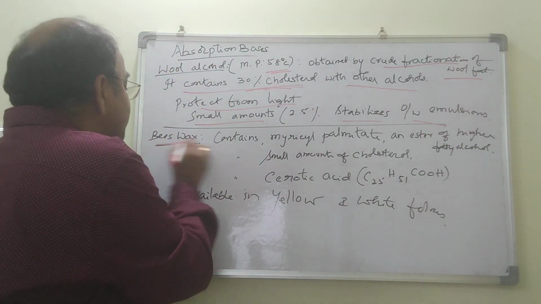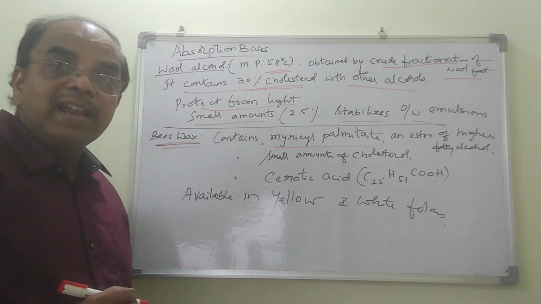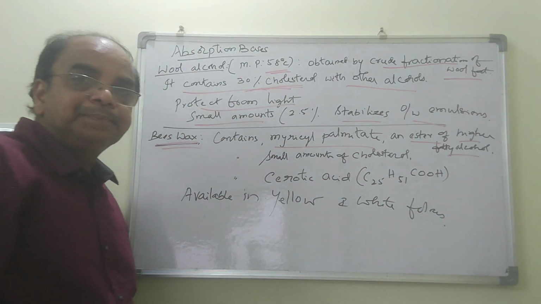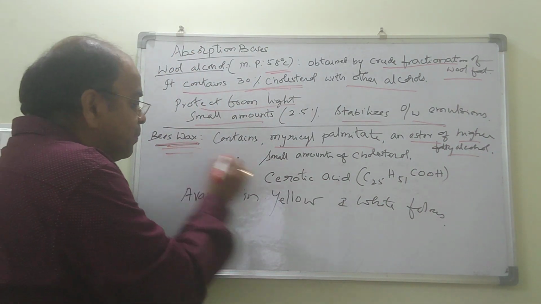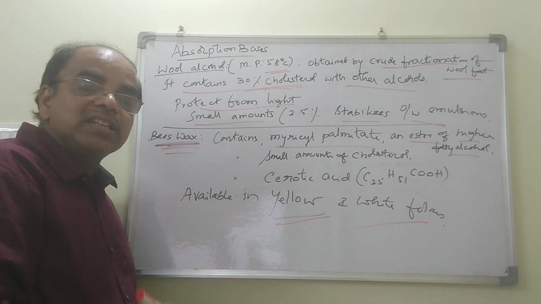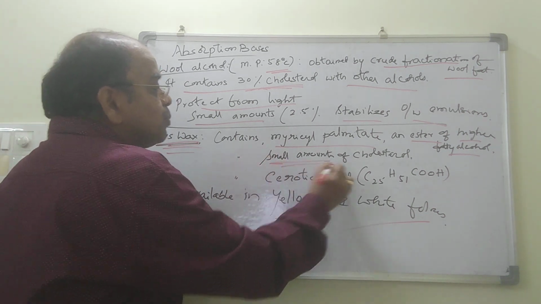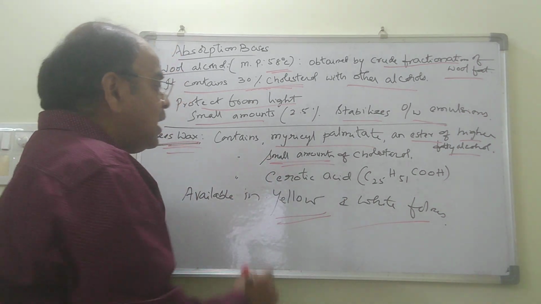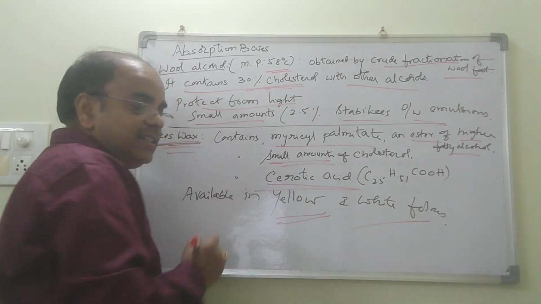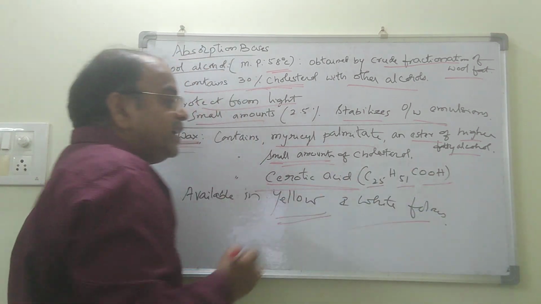Okay. Next one is beeswax. It contains myricyl palmitate, an ester of a higher fatty alcohol. Beeswax is available in both yellow and white forms. Right? And it contains small amounts of cholesterol. The important point you have to remember is that it contains cerotic acid, C25H51COOH.